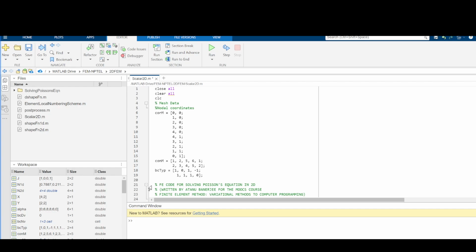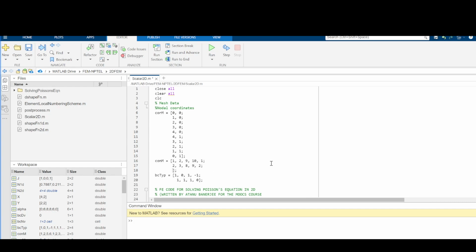And for the connectivity matrix, we have four elements. First is 1, 2, 9, 10. Then second is 2, 3, 8, 9.